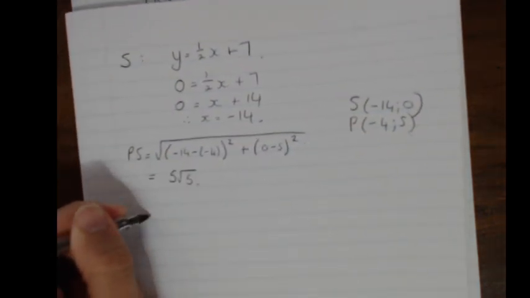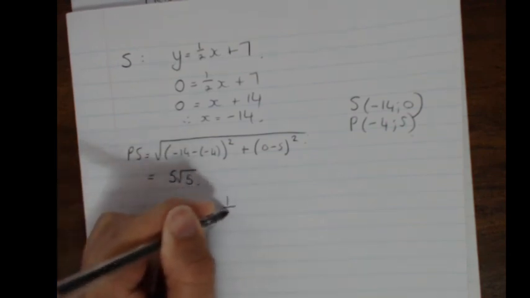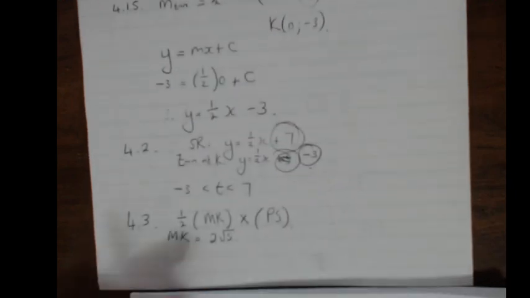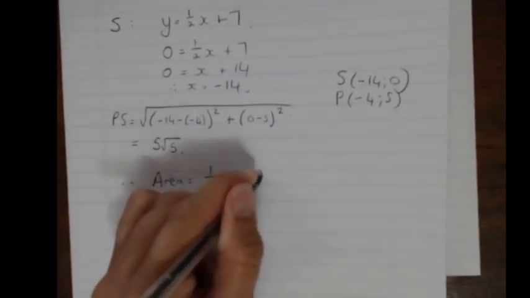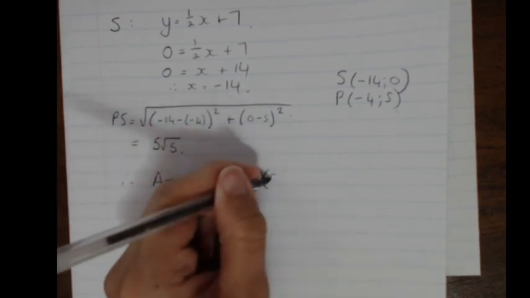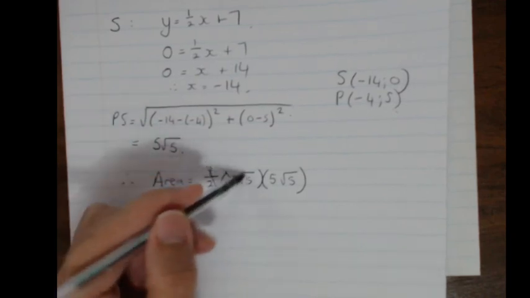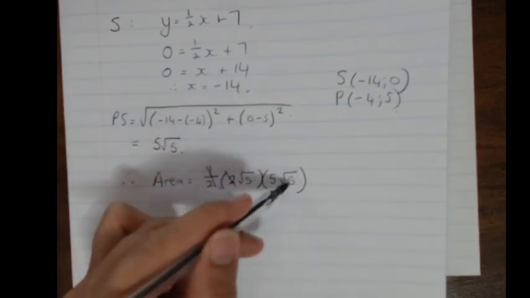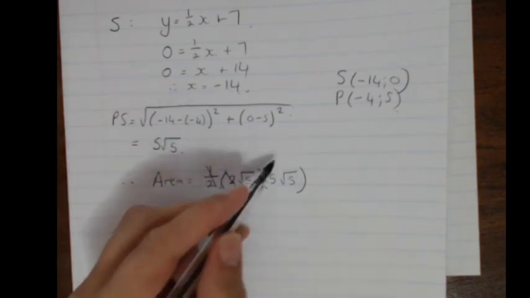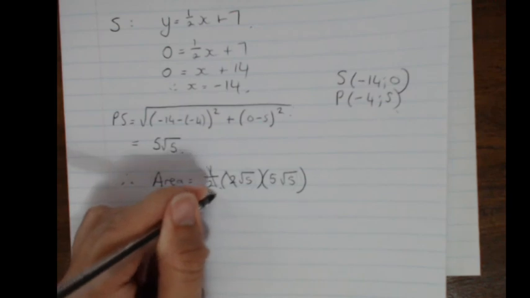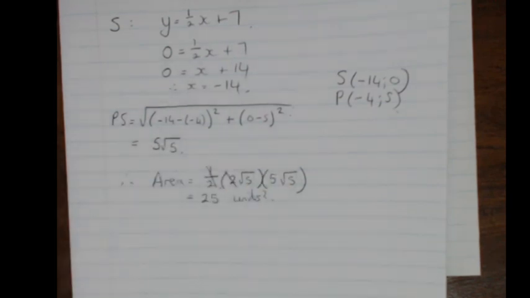So the area is going to be half times the base, which is 2 root 5, times 5 root 5. The half and the 2 will cancel. 5 root 5 times root 5. Root 5 times root 5 is 5, so 5 times 5 is going to be 25 square units as the area.